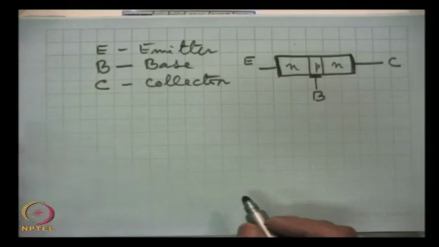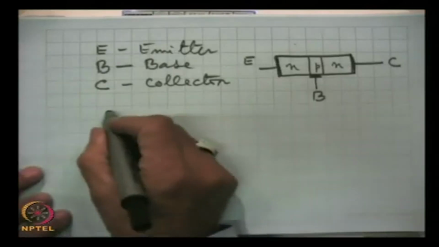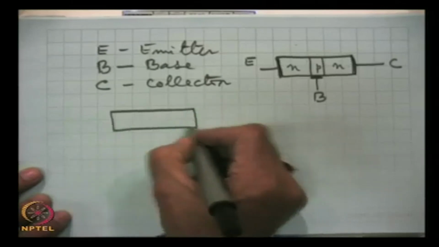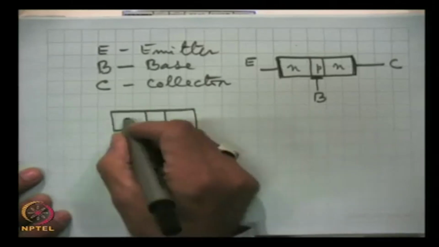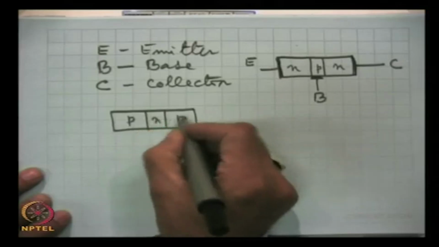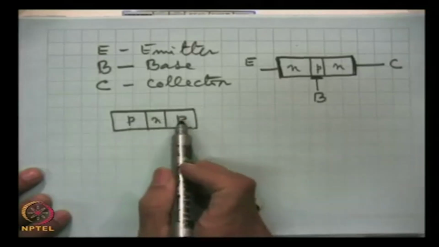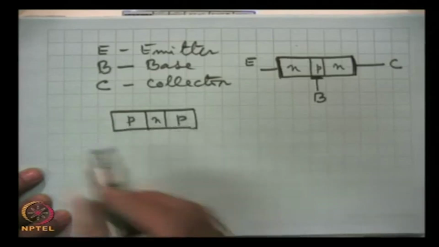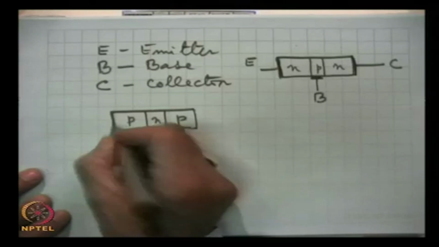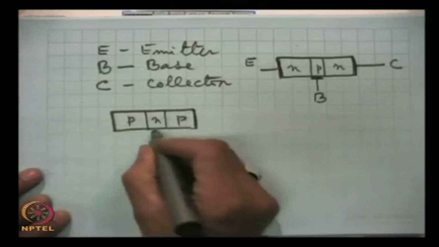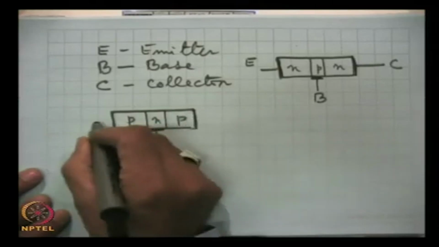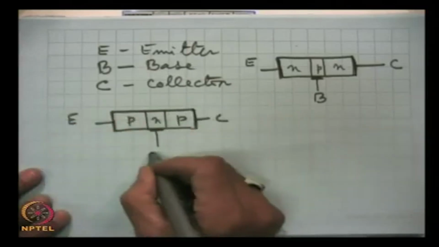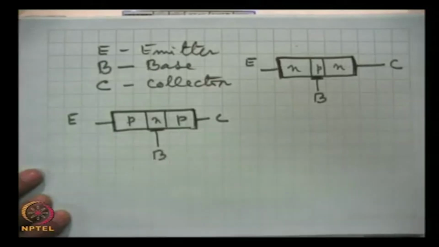And in a PNP transistor the structure will be like this. PNP: P type emitter, N type base and P type collector. And again these are the ohmic contacts, this is emitter, this is collector and this is base.